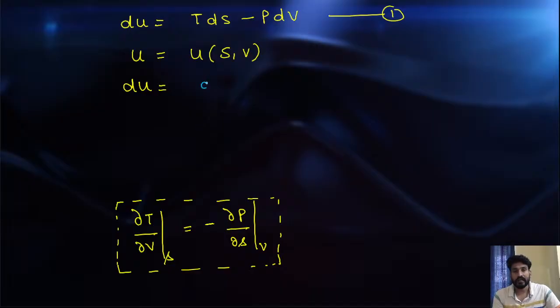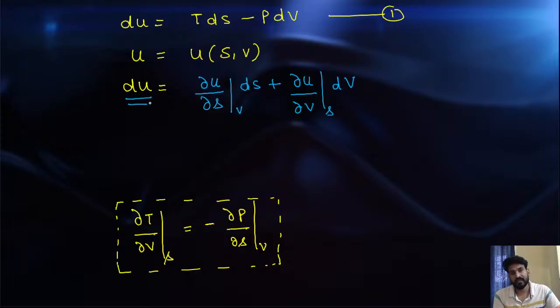So how do we use this? First we see the change of internal energy with respect to entropy, keeping volume constant, times dS, plus the change of internal energy with respect to volume, keeping entropy constant, times dV. This is dU that we can write.